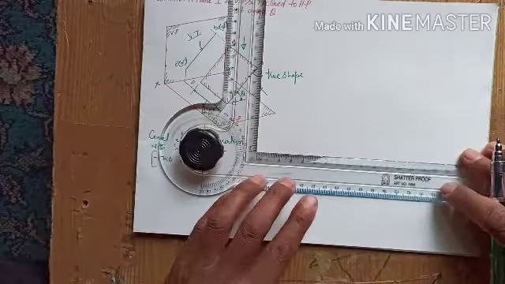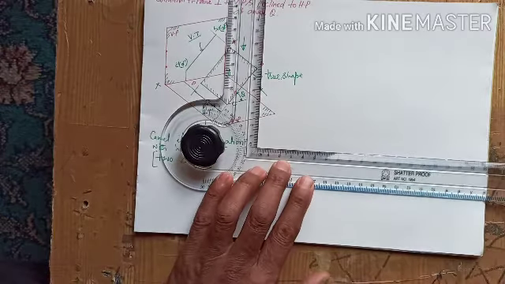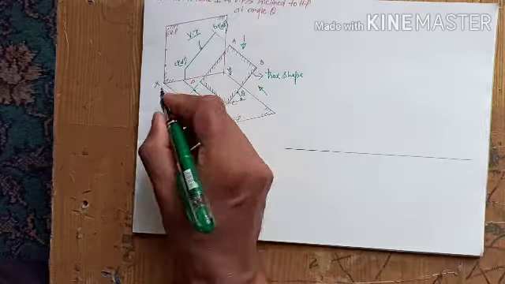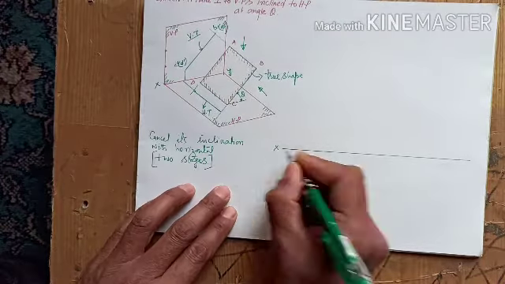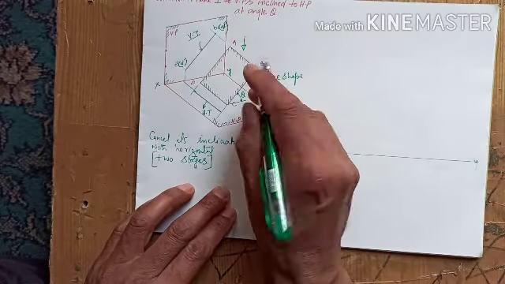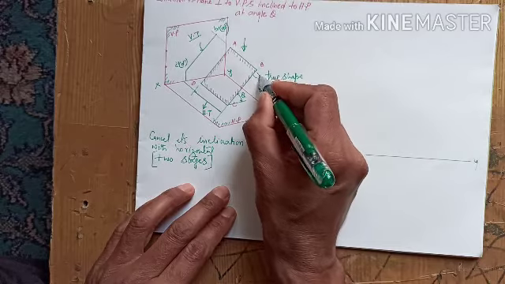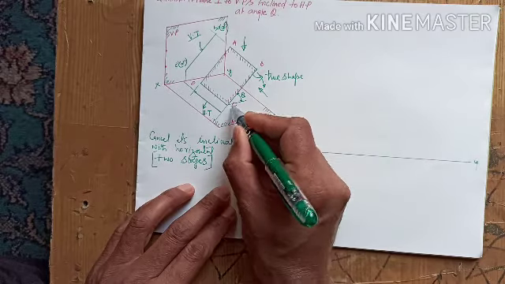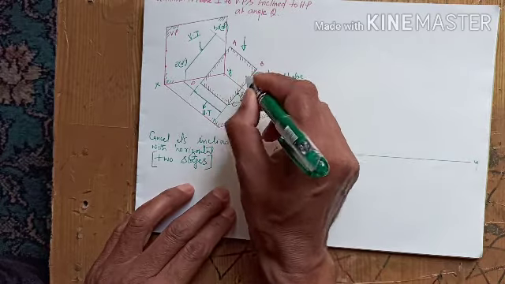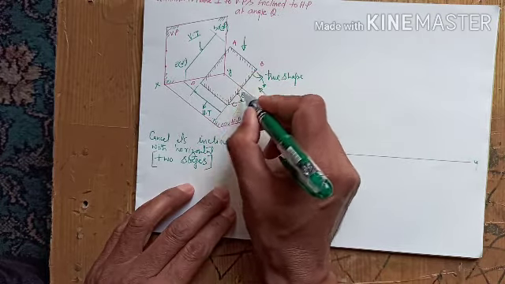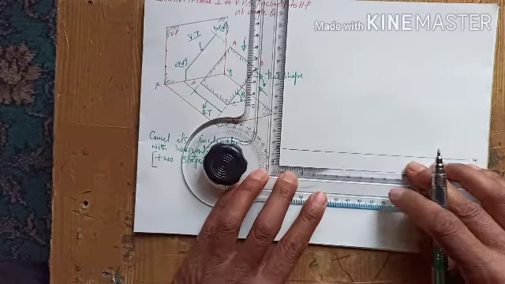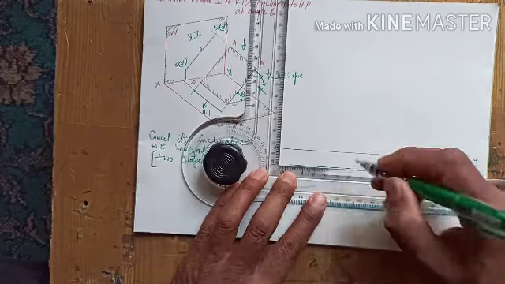First of all, we have to draw a horizontal line. That horizontal line is my XY line. Since we have to cancel its inclination, the plane will be rotated to the ground. So if I look at it from the top, I can see the true shape of the rectangle. It can be seen like this.